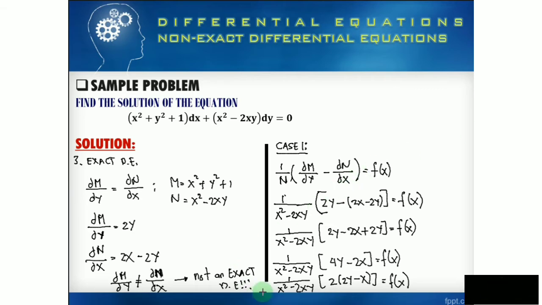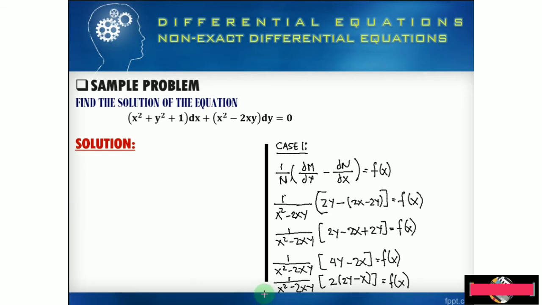So actually we can extract also the x from these terms, so we can eliminate this x minus 2y. So we will proceed now, extracting here the x.